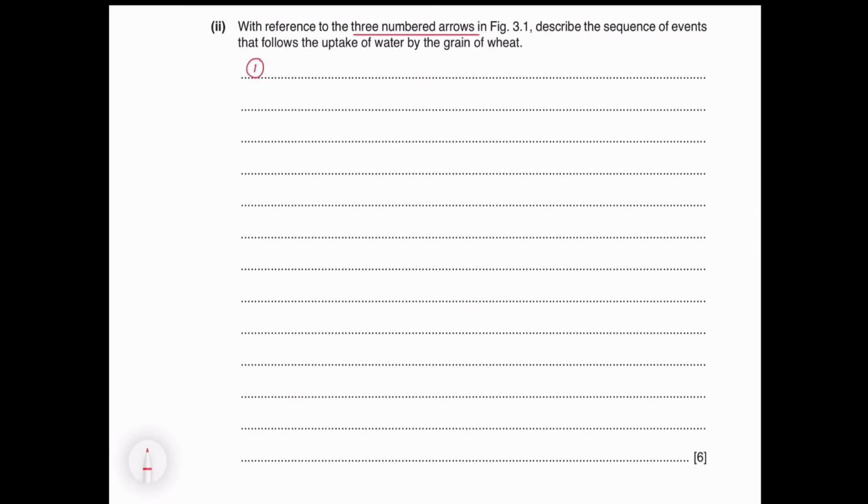When the embryo absorbs water, the embryo will produce and release gibberellin. I'll just put GA in short. The GA will move into the aleurone layer.